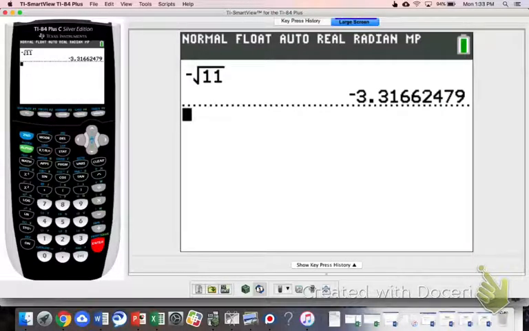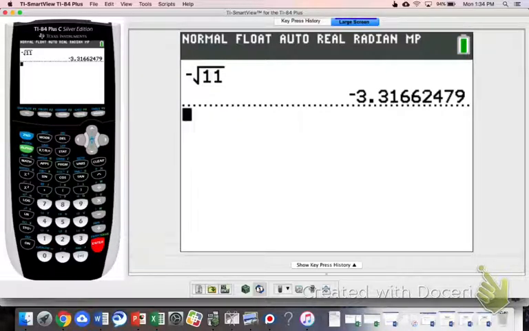So you want a square root. The square root is right here, so you need to set it as a square. See how yours is different? You did square root of negative 11, and you did negative square root of 11.